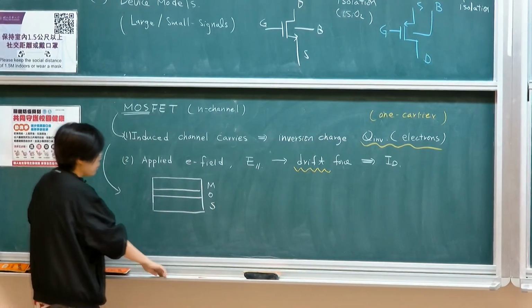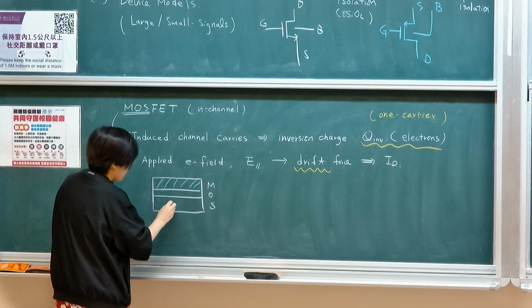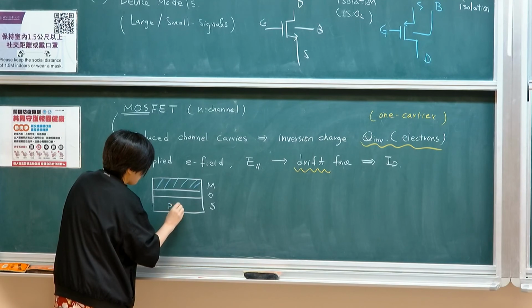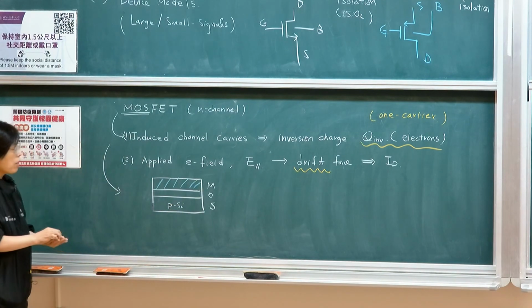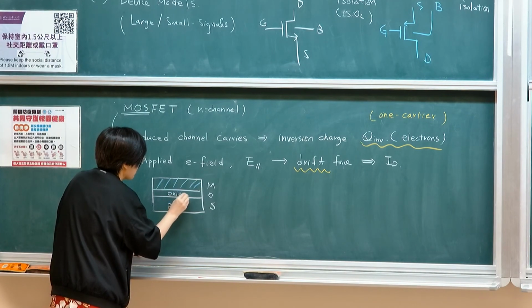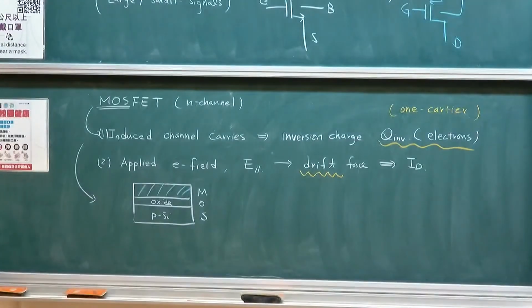There's a metal on top, and remember this is a P-type semiconductor, P-type silicon underneath. And then I have a piece of glass in between. The oxide is typically silicon dioxide. You can think of it as a piece of glass.